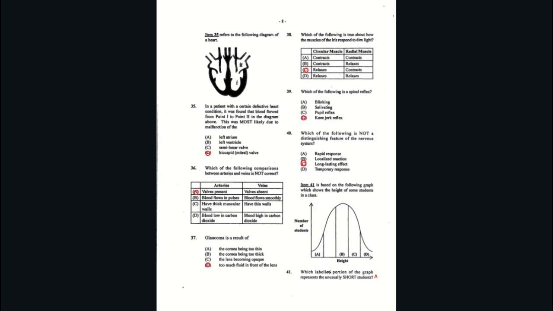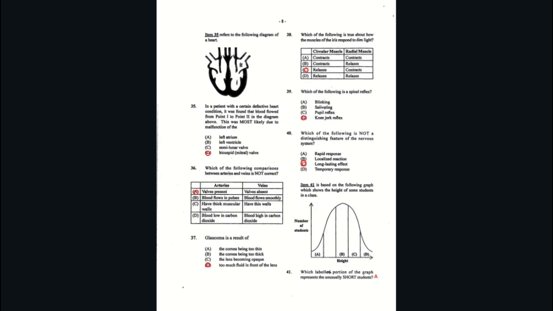Number 40 says, which of the following is not a distinguishing feature of the nervous system? Basically, this question is asking what feature the nervous system does not have. Rapid response is completely out because we know that the nervous system works fast. Localized reaction, we know that's true also.